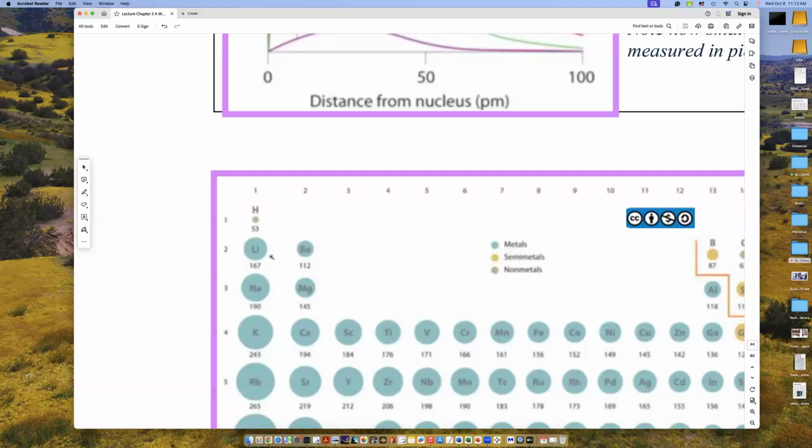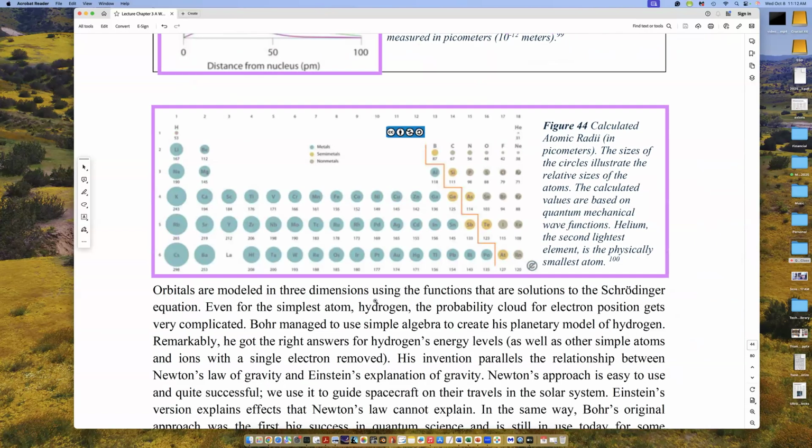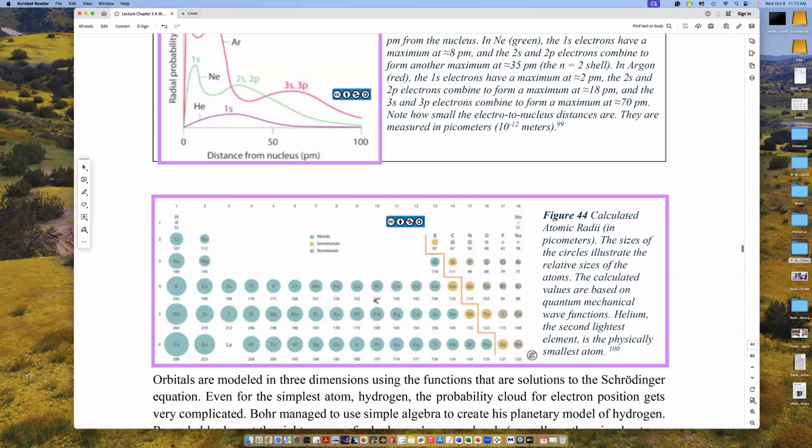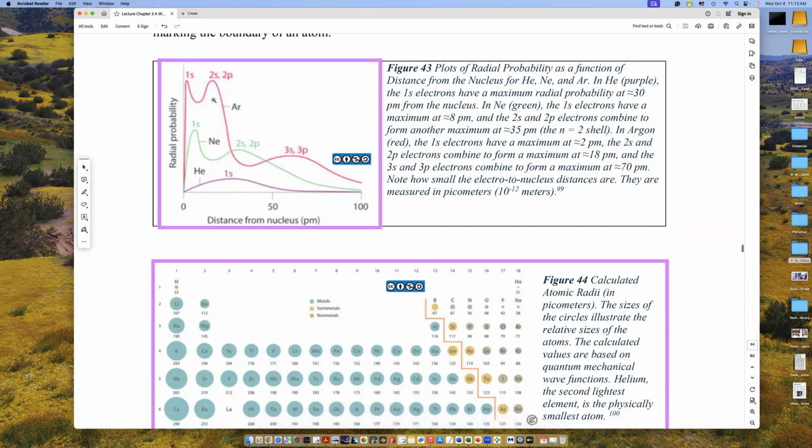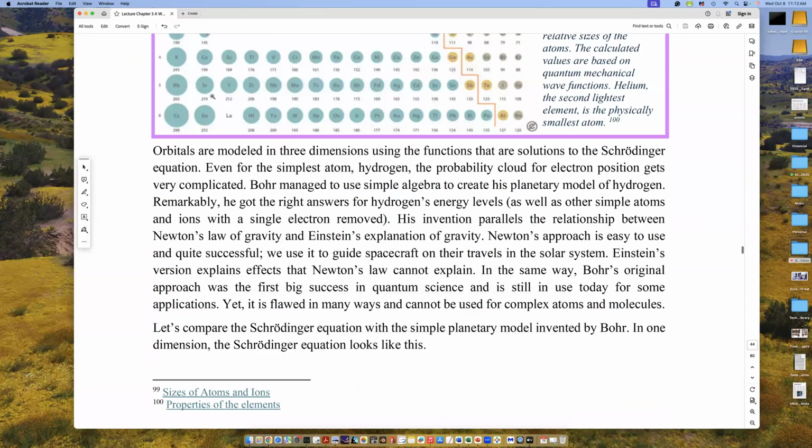There's a cloud where you find the electrons here for lithium and sodium, calcium, titanium, and so forth. So using the Schrodinger equation and doing numerical calculations to get the wave functions and squaring the wave functions, we get these probabilities where the electrons live. And these are the energy levels that you're familiar with from chemistry. So we're able to build the periodic table.